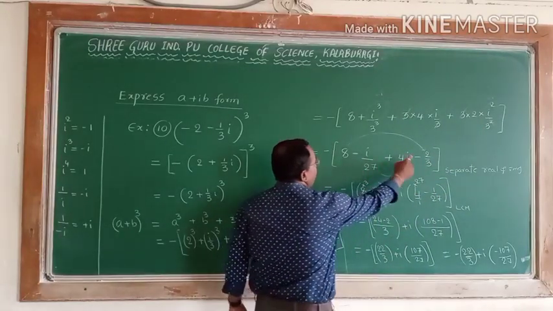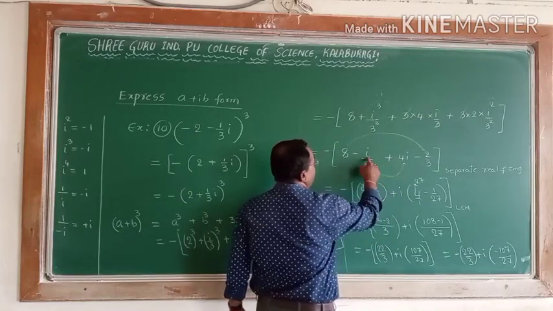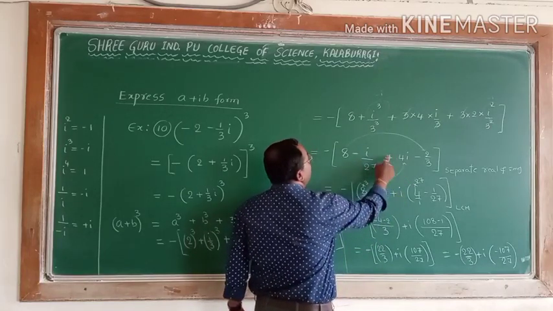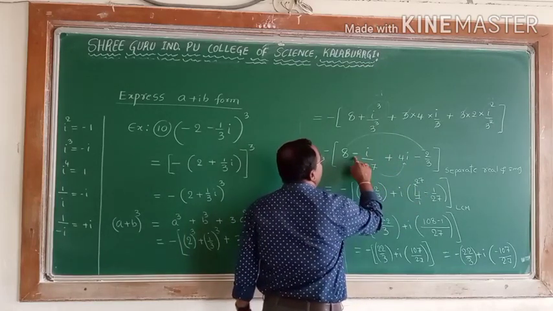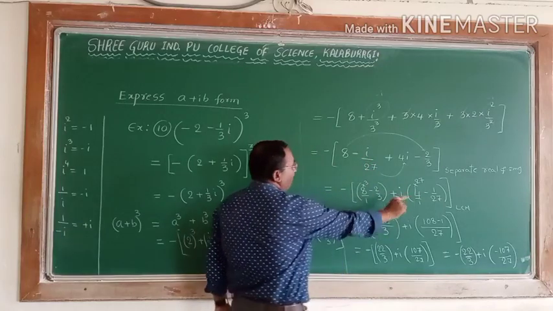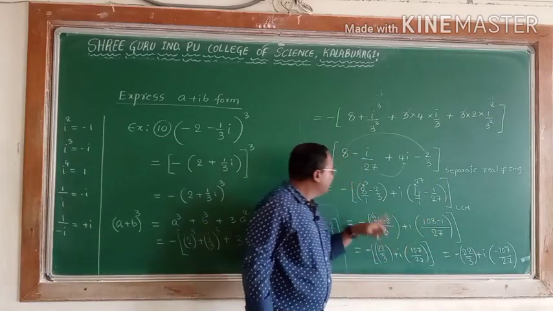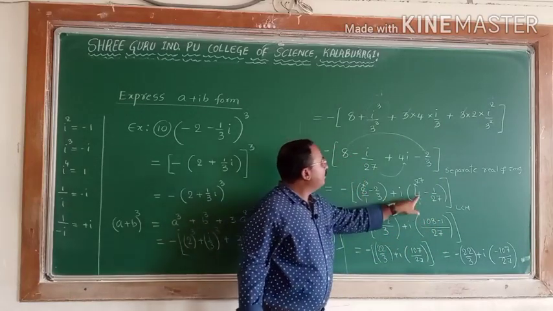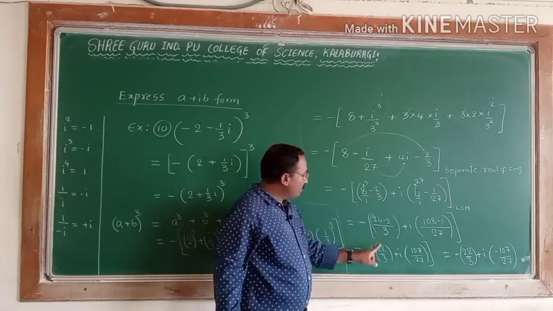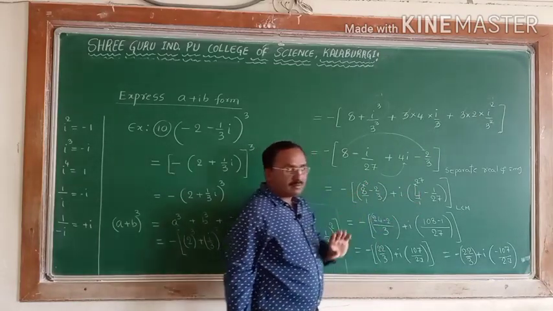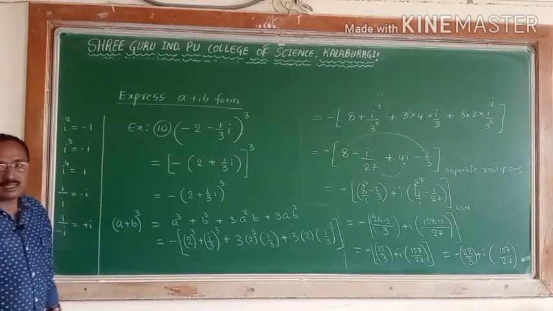Separate real and imaginary, taking i common: this is positive, this is negative, first write positive, second write negative, minus 1 by 27. Apply LCM: 3 and 27. 8 into 3 is 24, minus 2, 22. 4 into 27 is 108, minus 1, 107. Apply the negative sign. A plus iB form.